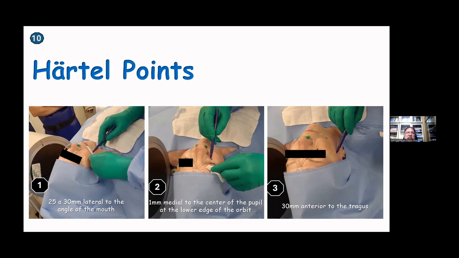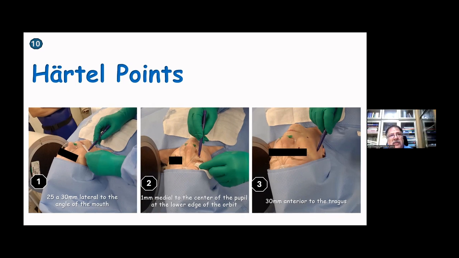The second is 1 millimeter medial from the center of the pupil on the lower edge of the orbit. The third defines a coronal plane 30 millimeters anterior to the tragus.